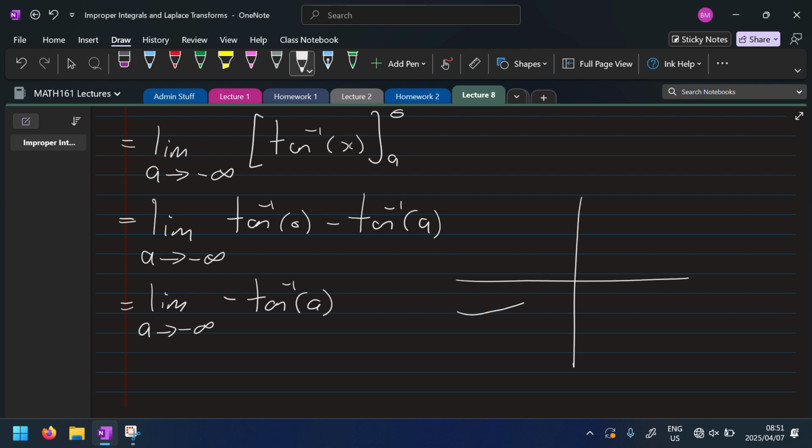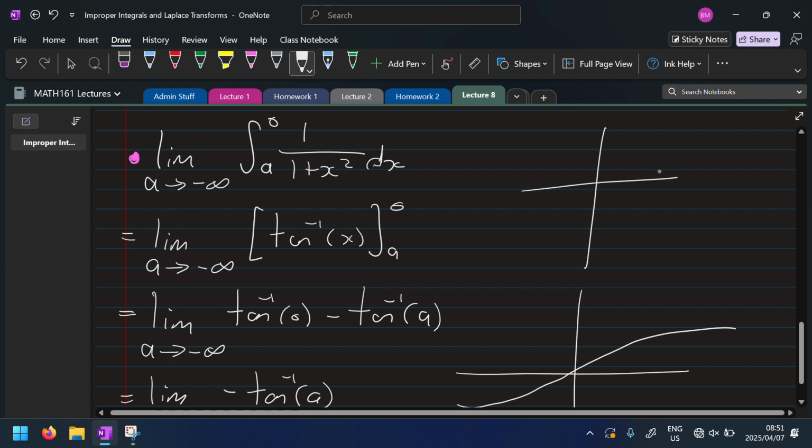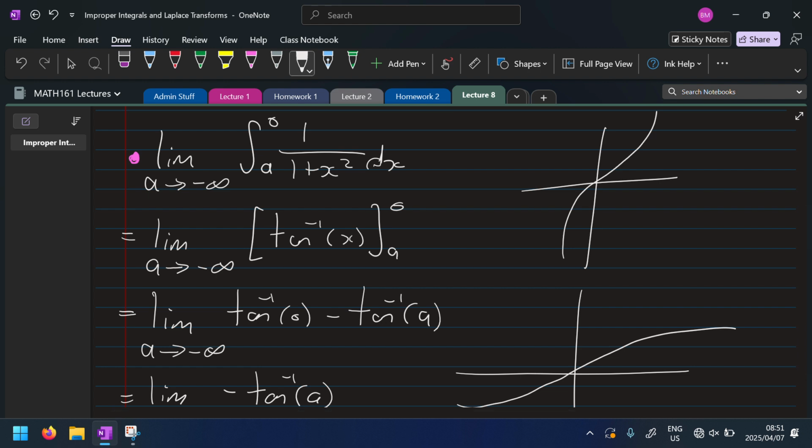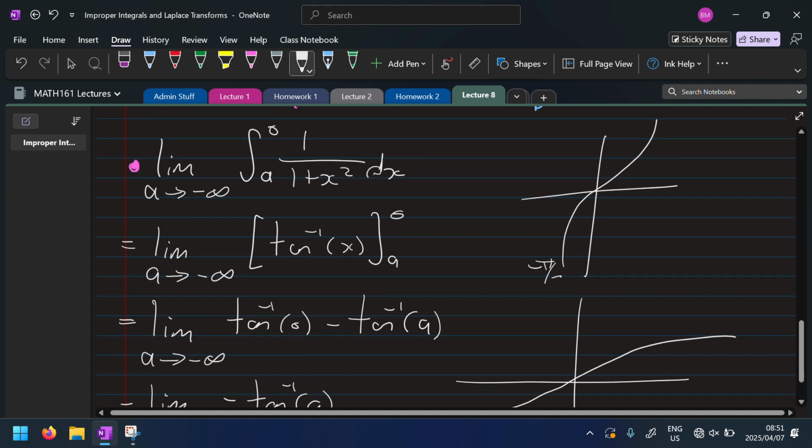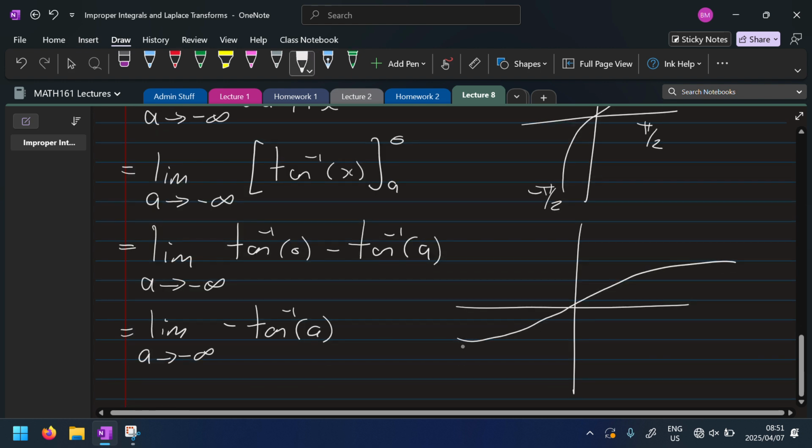So tan inverse is going to look something like that. Okay, so instead of tan looking like this, right? Tan looks like that. Tan inverse, you just flip it over, right? Inverse, you just flip it over. So instead of this being minus pi over 2 to pi over 2, we now have that for the y values.